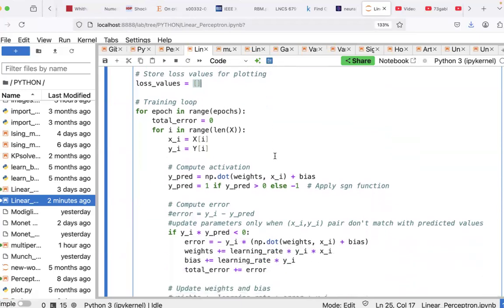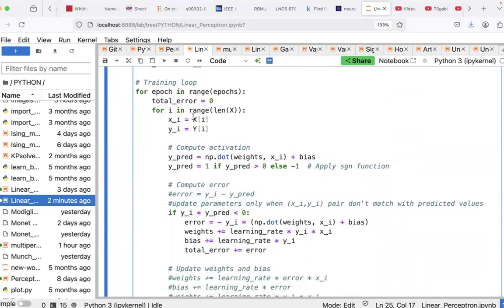The training loop is very easy. We first iterate over the epochs in the range from 1 to 30. Then we sweep over the whole data set, which is four pairs. Here we have the input pairs, x1 and x2, and the corresponding labels or outputs.